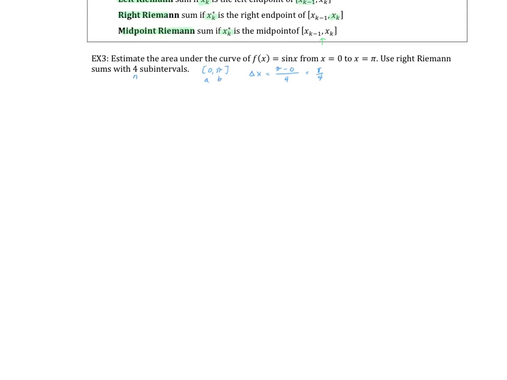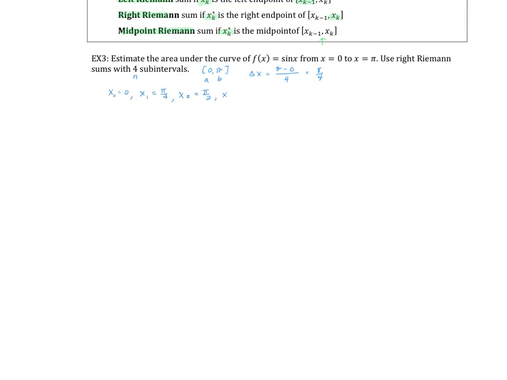Okay. So remember, we always start out with x sub 0, which is equal to our starting value a, and that's 0. And then we just add our delta x. So I'm going to add pi over 4 to 0 to get my next grid point, which is pi over 4. And then the next grid point, x sub 2, is equal to pi over 4 plus pi over 4, so that's 2 pi over 4, or pi over 2.